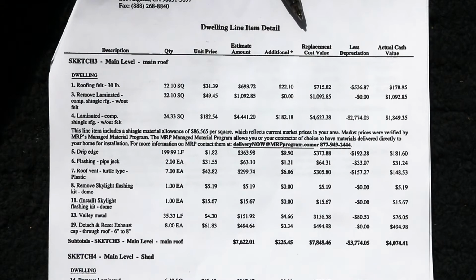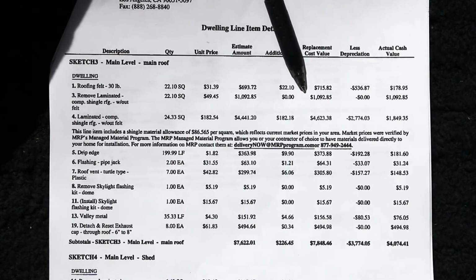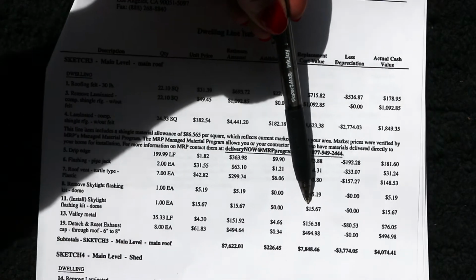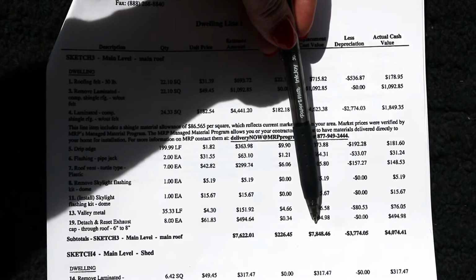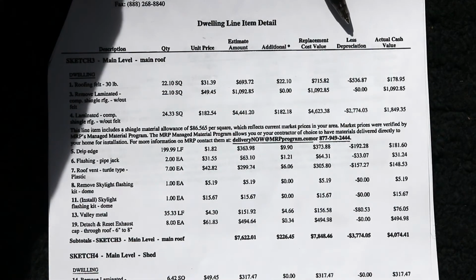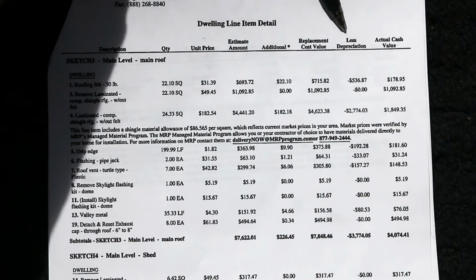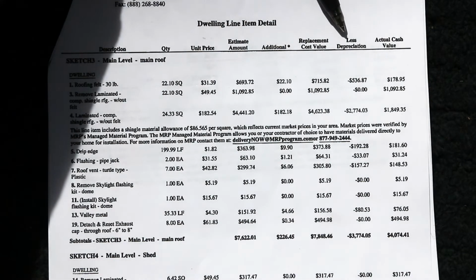The replacement cost value is a very important column. It details the full replacement cost of the item, and each one of these line items is listed here. The subtotal is down here at the bottom of this particular section. The depreciation is what is withheld based on the age of the roof.